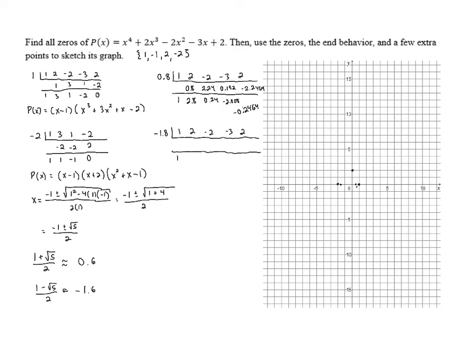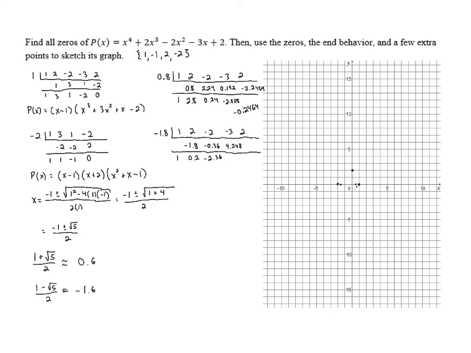So, bring down the 1. Multiply by negative 1.8. 2 plus negative 1.8 is 0.2. Then we need to multiply this by negative 1.8. That should give us negative 0.36. Then we subtract 2 from that, so negative 2.36. And we multiply that by negative 1.8. This gives us 4.248.